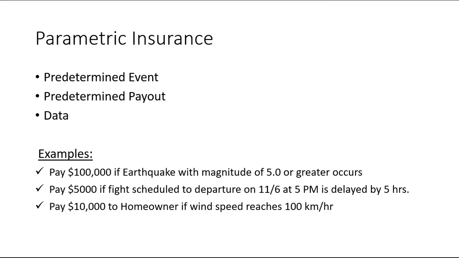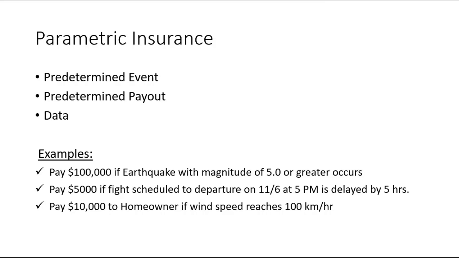To overcome these drawbacks of traditional insurance, there is a product called parametric insurance. In parametric insurance, the insurance company determines a specific event while issuing the policy.